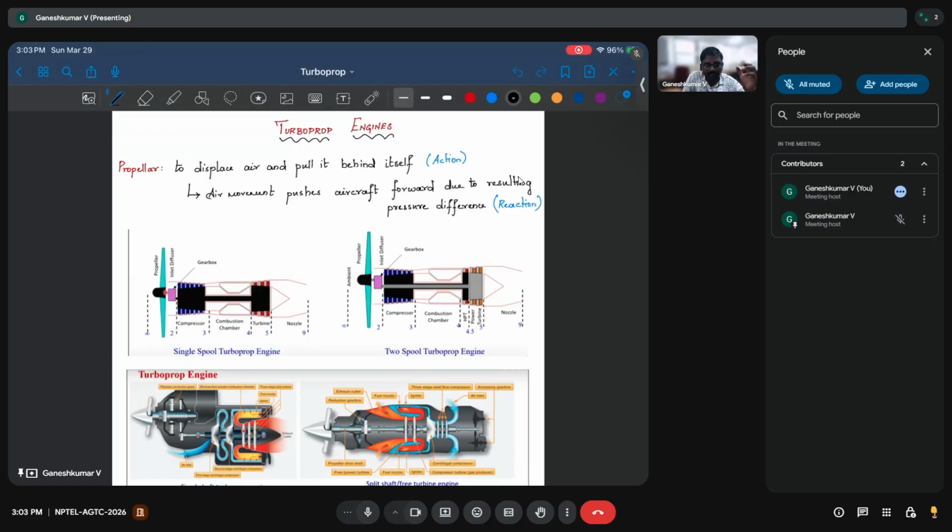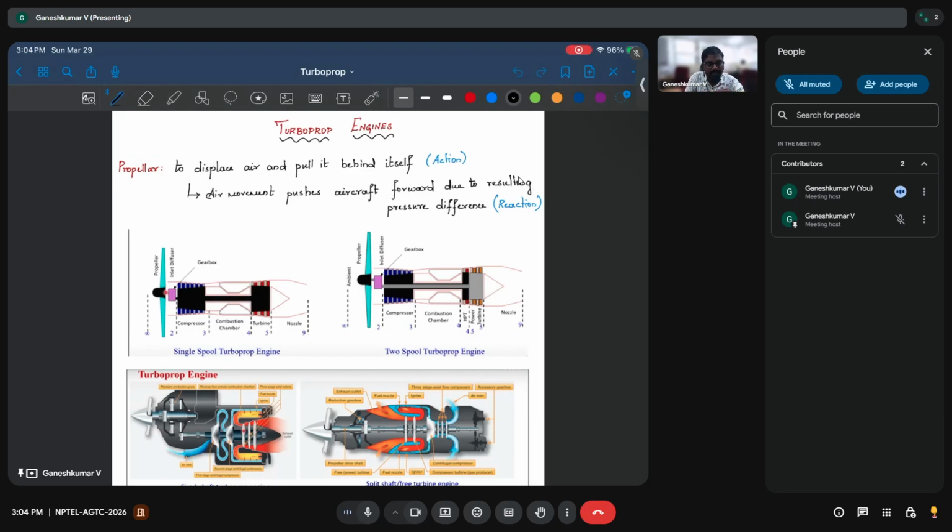This propeller is like a free device that keeps rotating, and it is much larger than the typical turbofan fans. In a dual, two-spool turboprop engine, you have the HPT turbine, which runs the compressor, and there is another separate power turbine, or the low pressure turbine.